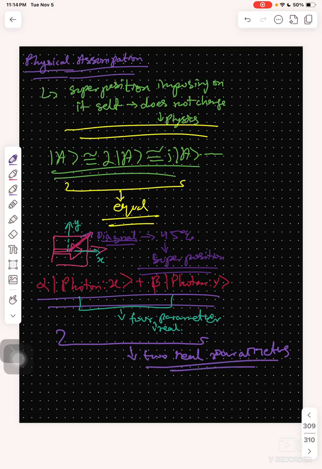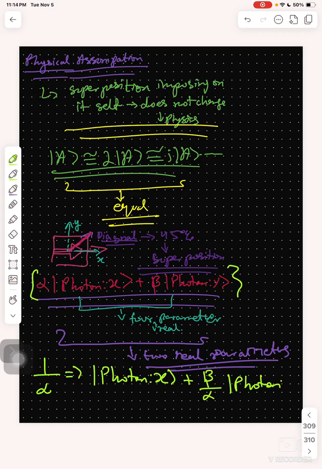So what could we do? We could divide this whole thing by alpha, multiplying by 1 over alpha. Now guess what we get? We get the photon in x plus beta over alpha times the photon in y.